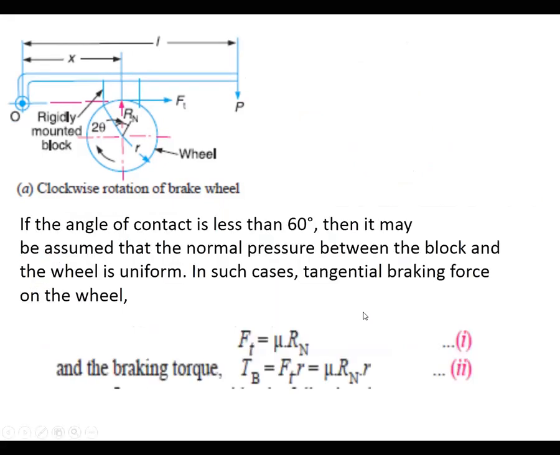Next, first I'll consider the clockwise direction. Whenever the wheel is rotating clockwise, the shoe or block works against it. When the force is applied over here, the force travels along the lever and acts over here, trying to make contact against the rotating wheel.